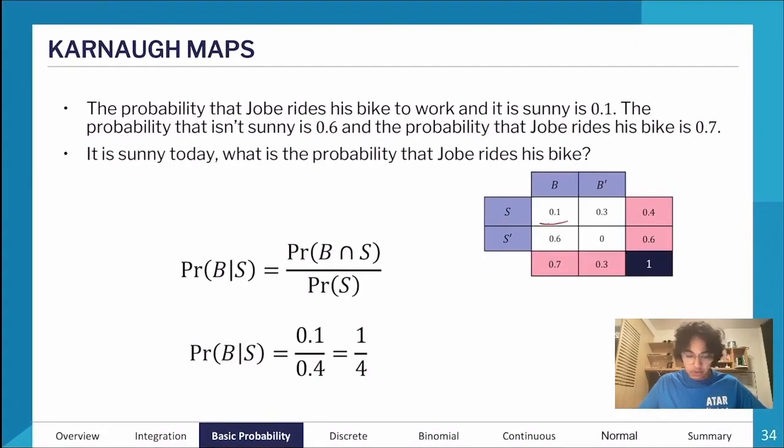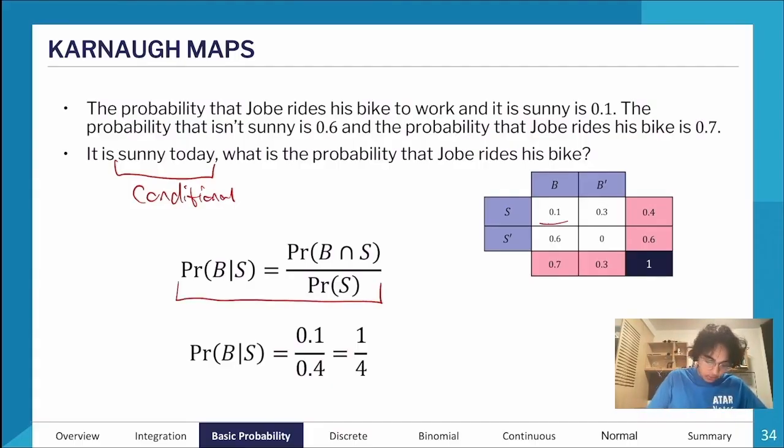But what's also important to know is that they've sort of told us a condition. They've given us the condition that it is sunny today, right? So this implies conditional, because they've given us an extra piece of information. So what we need to do is use a conditional probability equation. So riding bike, given that it's S, given that it's sunny.